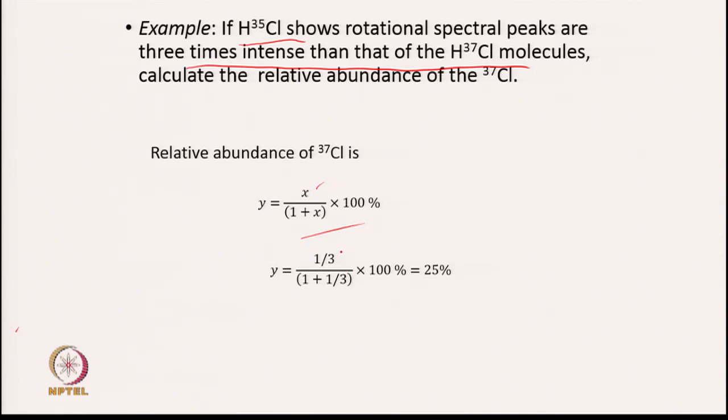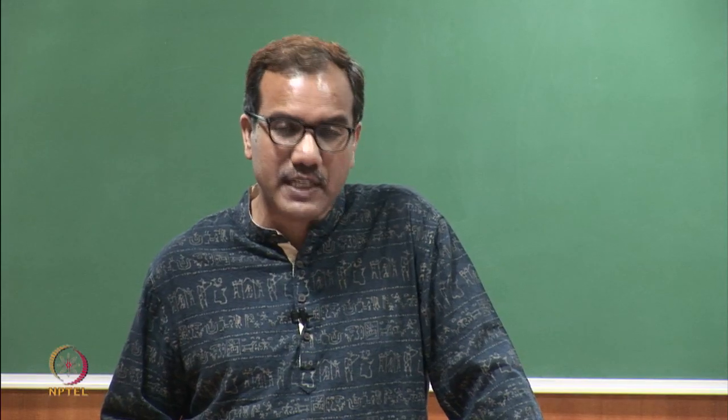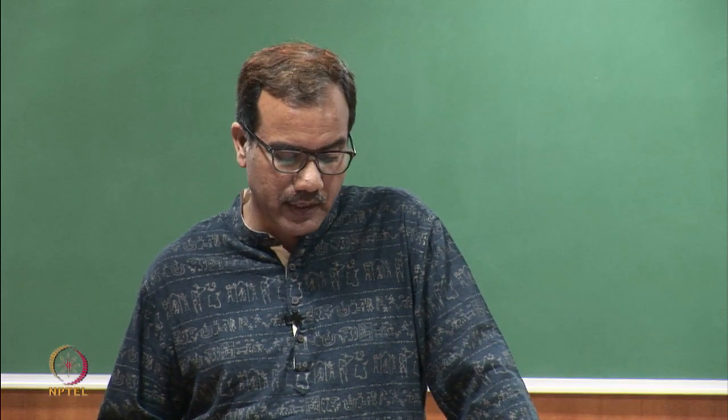If you put x equal to 1 by 3, you are going to get 25%. So, just by looking at the intensity of different peaks in the rotational spectrum, we can calculate the relative abundance of the isotope. There are other applications of rotational spectroscopy.